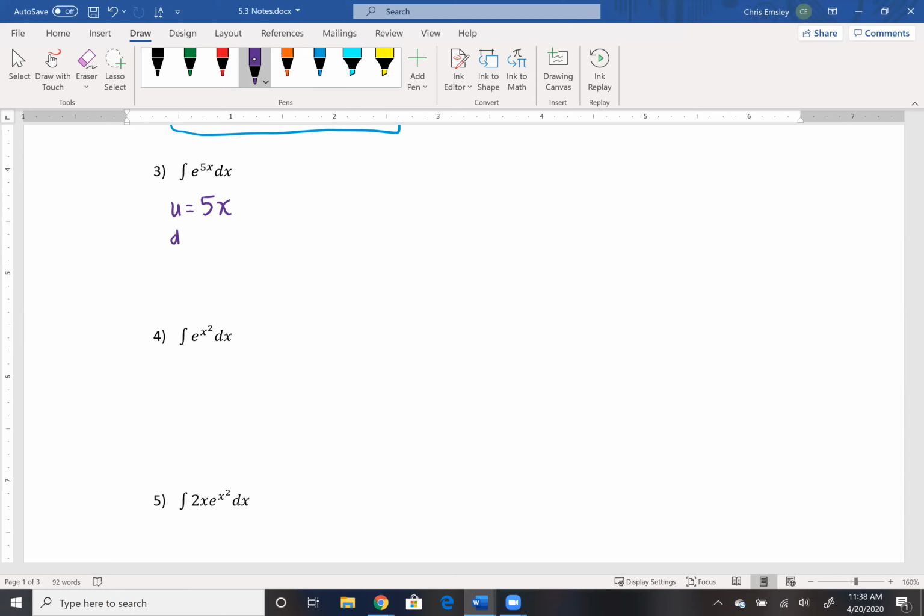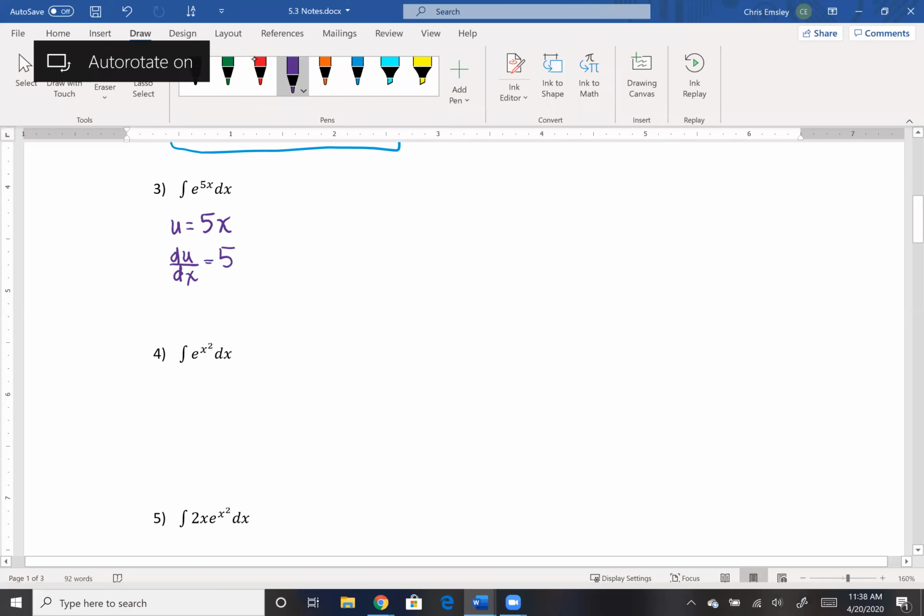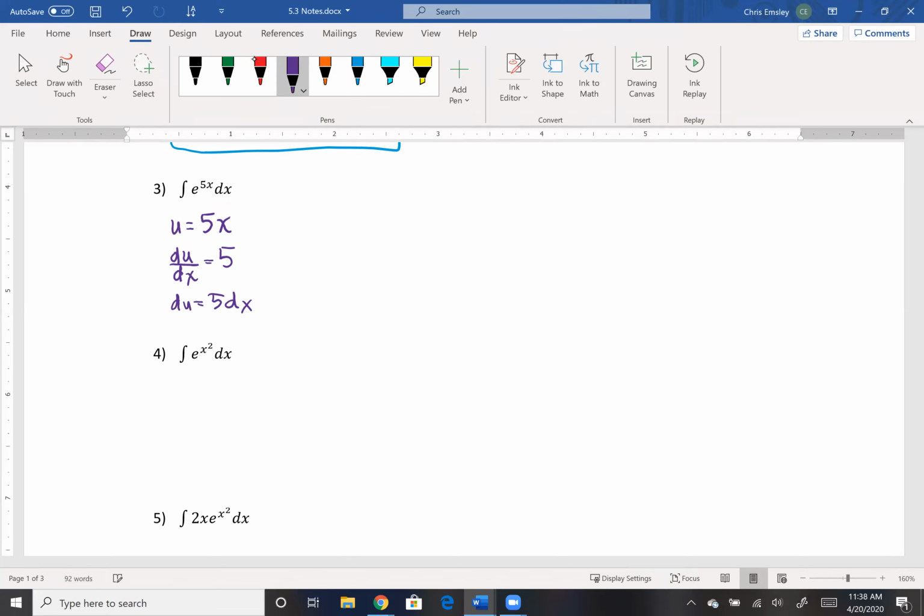Take the derivative of that u. The derivative of 5x is just 5. And then move the dx over. So we're ready to substitute. This part, e to the 5x becomes e to the u.